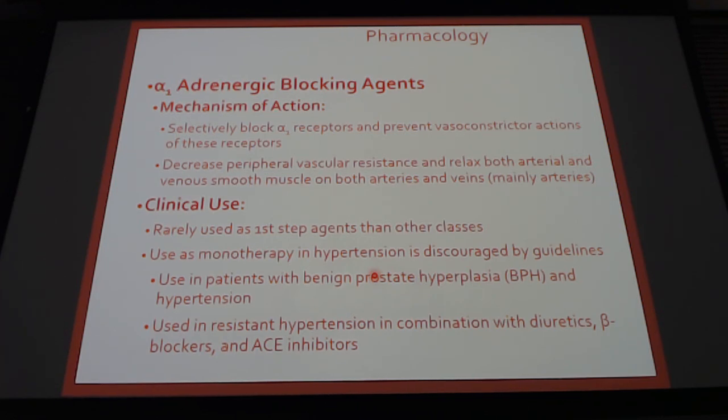So very rarely used. We'll see this in some of our patients who have BPH. We'll talk about BPH later on in the semester. Hypertension, and then you have your patients who are taking their beta blockers and are still not controlled. They'll take their ACE inhibitor, and they're still not going to be controlled.